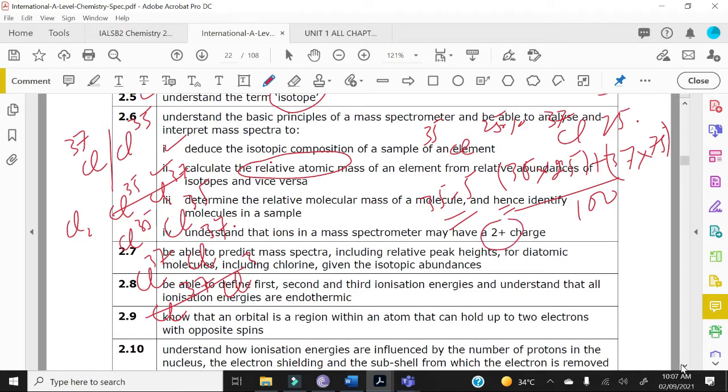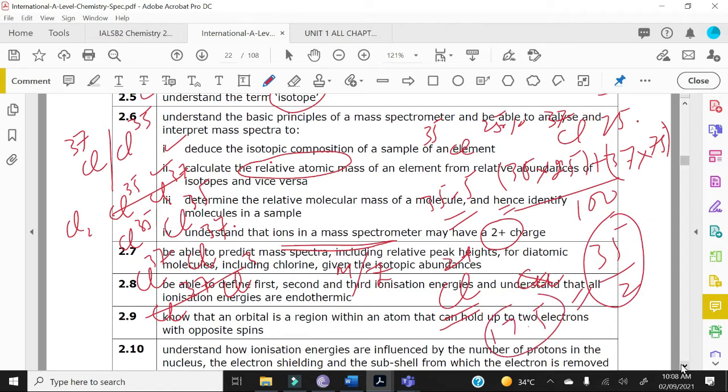And if the ions are having 2 plus charge on it, the x-axis is giving you mass to charge ratio, m by z. So if there is a 2 plus charge on it, take any of the element, okay, not copper, take chlorine, Cl with 2 plus charge. So if I take Cl35 with 2 plus charge, I'll divide 35 by 2 and I'll get 17.5 for it.